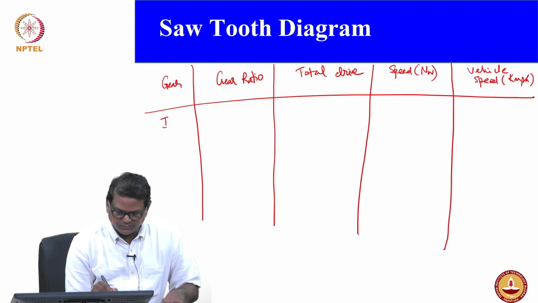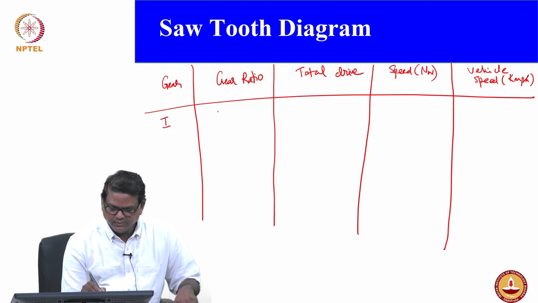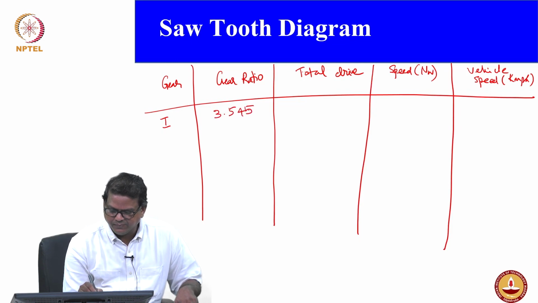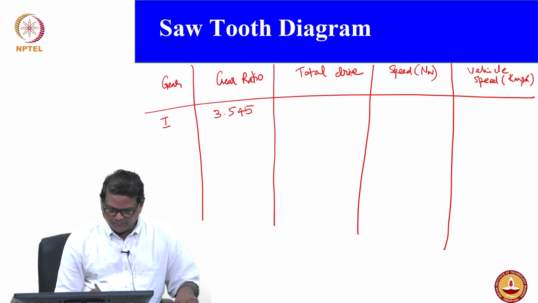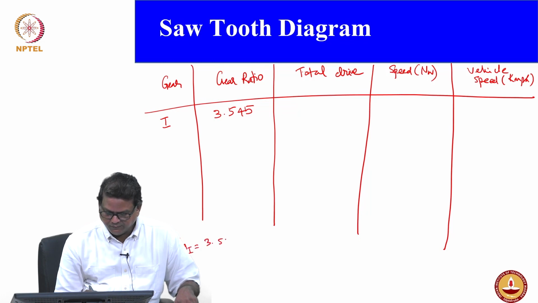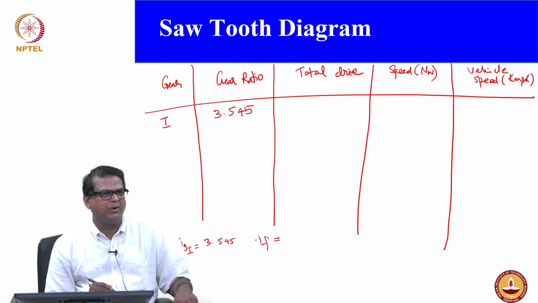So, this is the first gear. What is the first gear value you are getting? 3.545. Okay, I know this is IG1, which is 3.545. What is the value given for IF? 3.944, right?